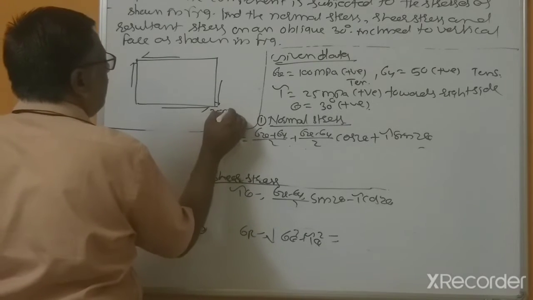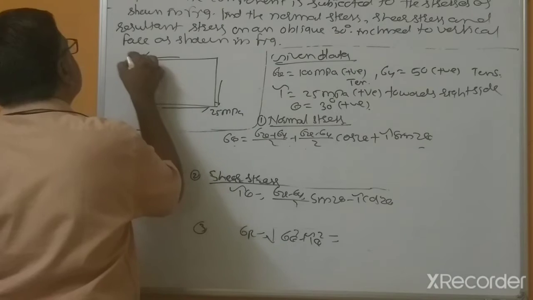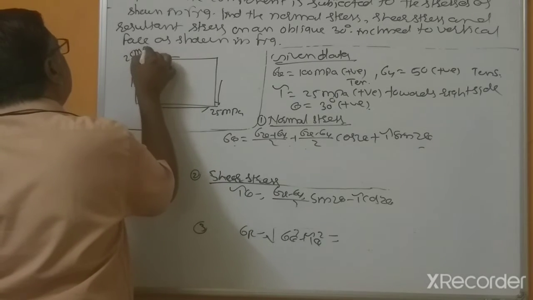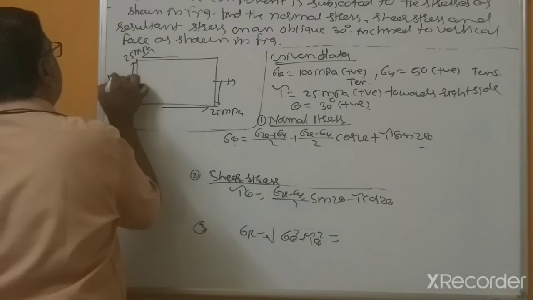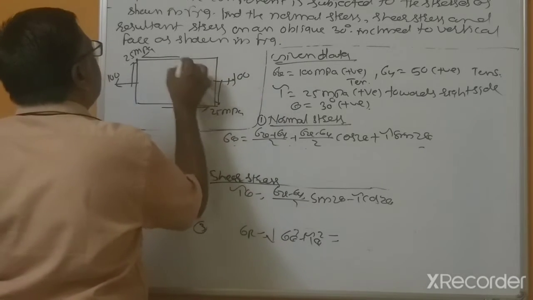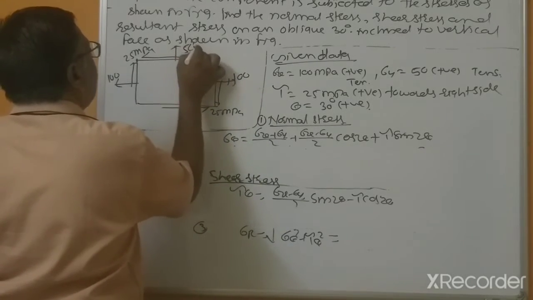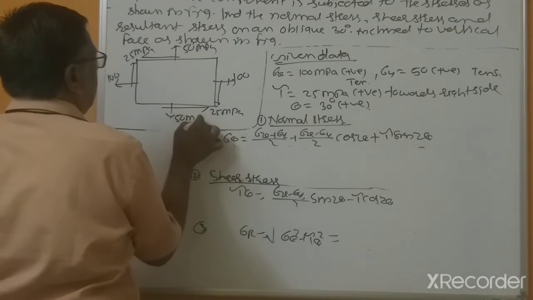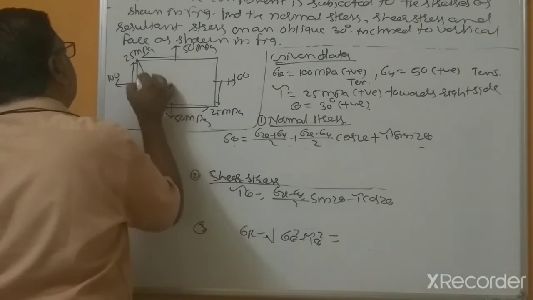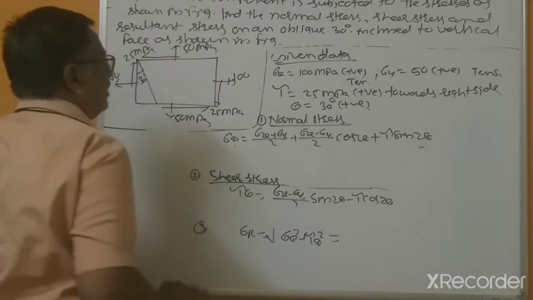This is 25 megapascals. This is 100, this is 100, this is 50 megapascals, this is 50 megapascals, and this is again 30 degrees.